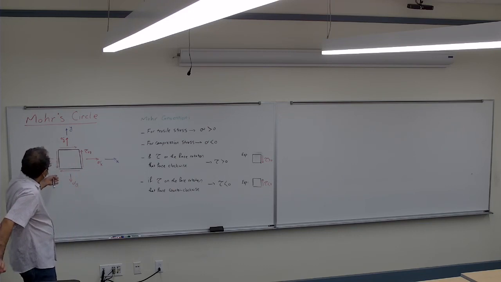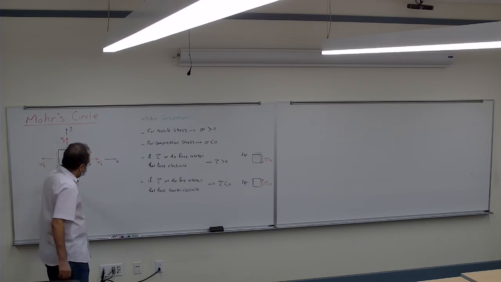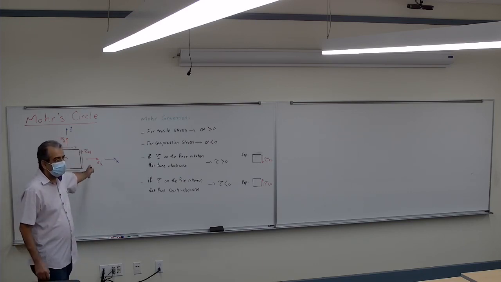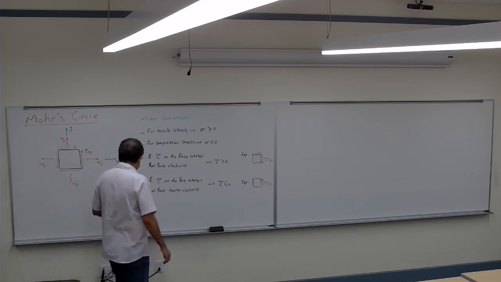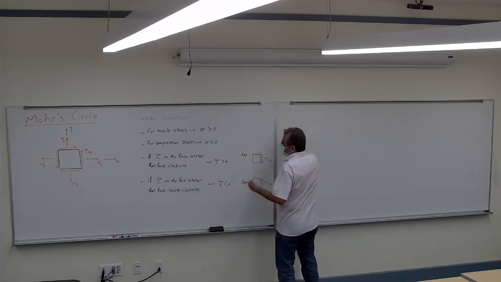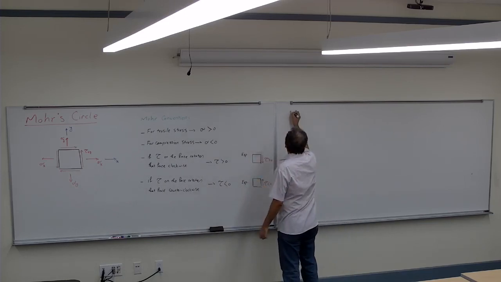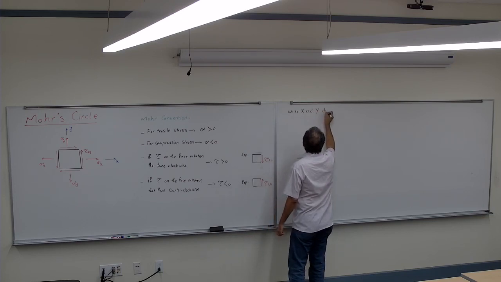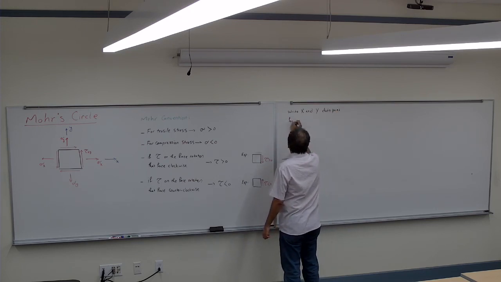Now I'm going to look at this element. I'm going to write the stress along the x-axis and the stress along the y-axis for that given element. So for any element we are given, write the x and y data points for the element.